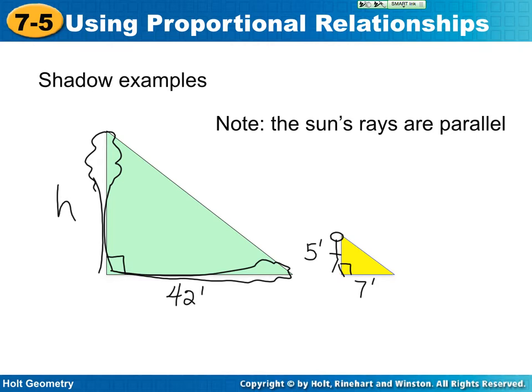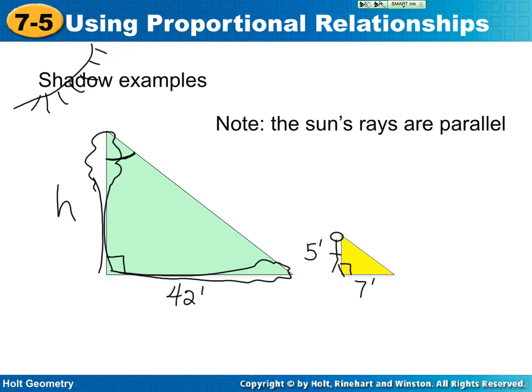What other angles are congruent and why? Where would the sun be in the picture? Yeah, kind of up this way. So the angle that's formed, you can either talk about the angle formed by the tree and the shadow angle.